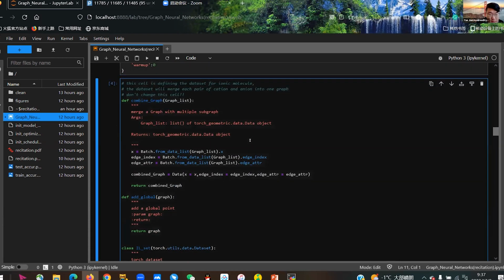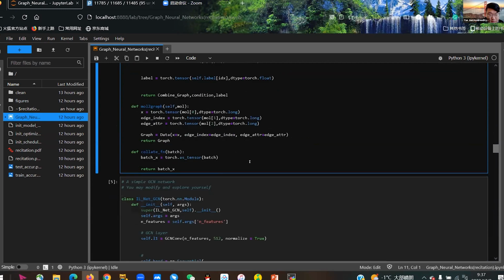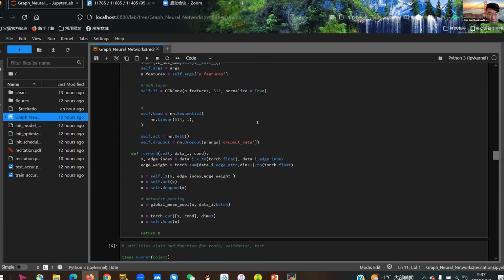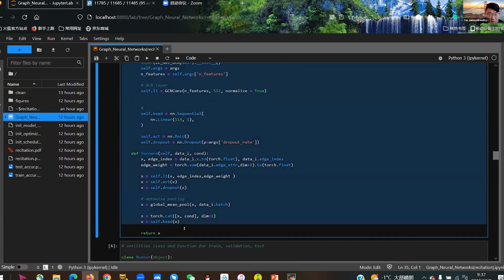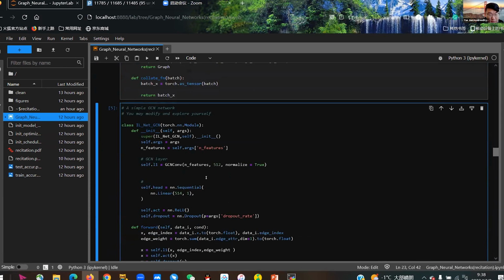And there are some already written functions for data processing. And here, this nn.Module class is where you define your models. As you can see here, I only include one single GCN layer. And you can expand it depending on your needs.